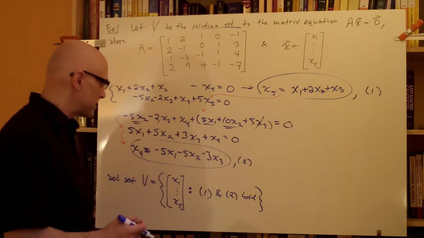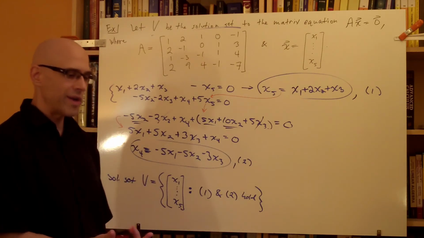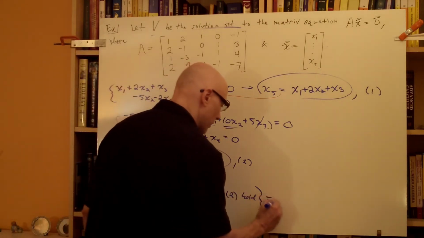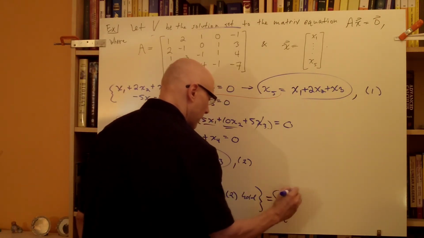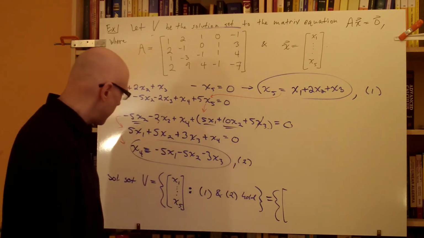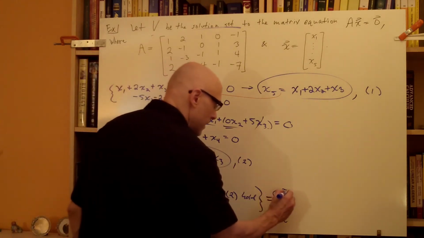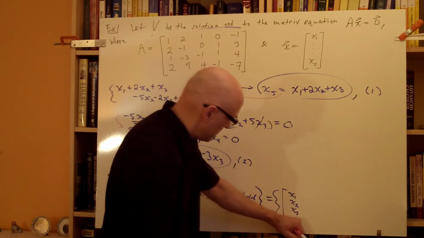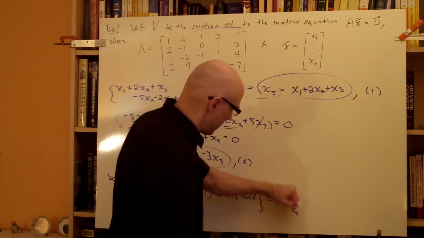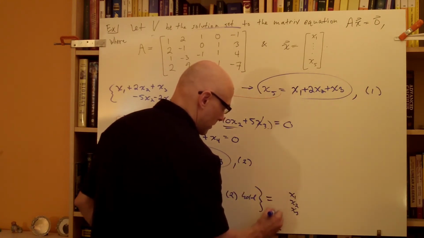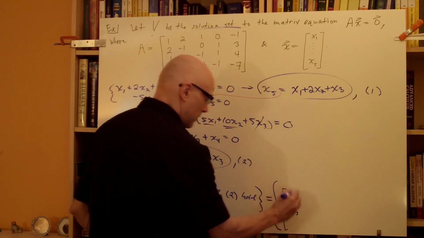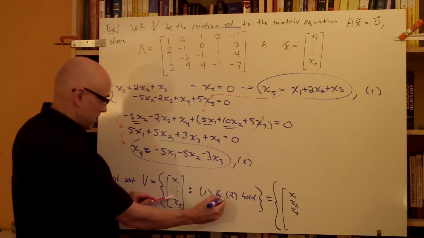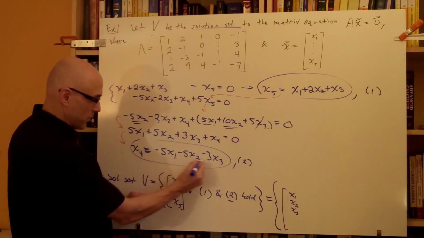Now up to this point, it's just been a matter of finding the solution set to a system of equations, so it's been more like a chapter 2 type problem. But now we do have to go a little further. We have V is x1, x2, x3, and then x4 by equation 2 is given in terms of x1, x2, and x3.